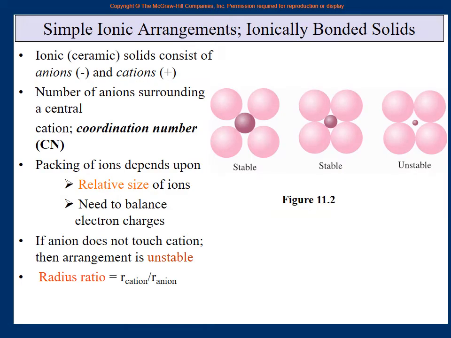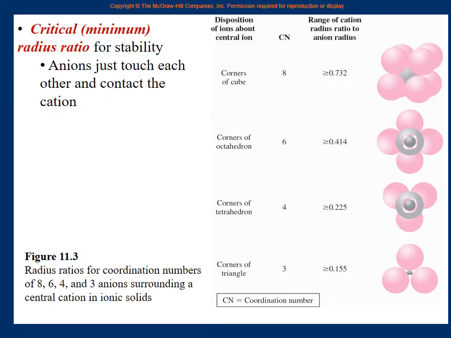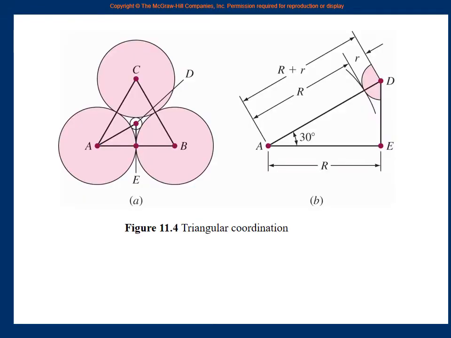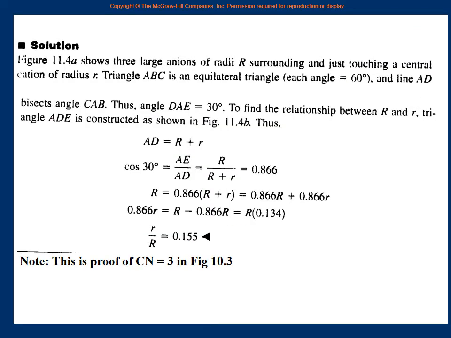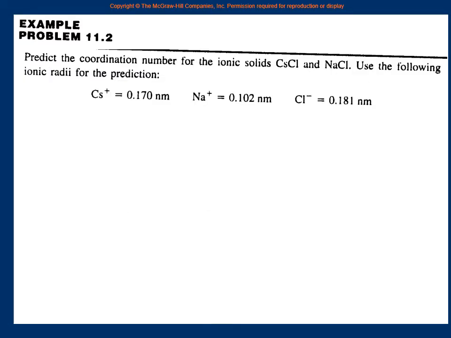We talked of the coordination number, the radius ratio, and the critical minimum radius ratio required for stability. We showed you this table of different structures where the coordination number is 3, 4, 6 or 8 for ceramics. We did some problems. Using the geometry, we can define our own values for the critical minimum radius ratio. We did some more problems.